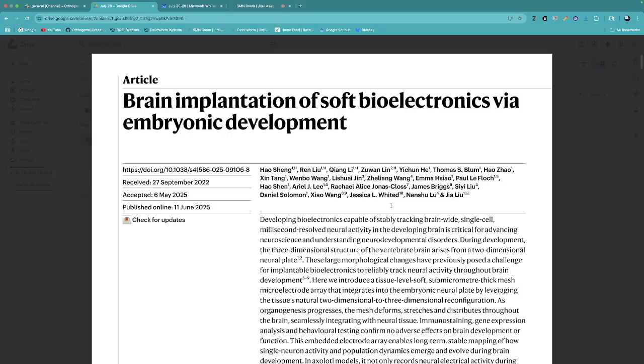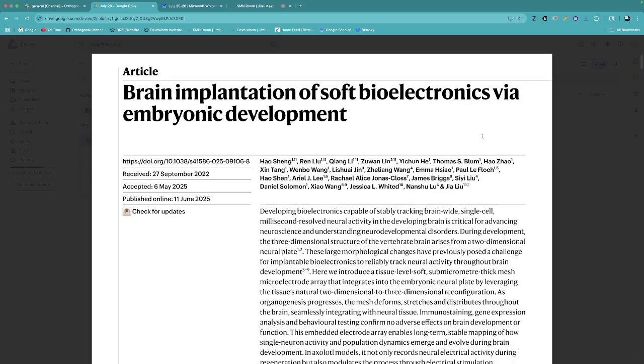And this is a paper that is related to that. They're doing things with soft materials and development, although this is embryonic development. This isn't exactly organoids, but it's similar. And then doing this in the brain. So this is very much this mind in vitro approach.